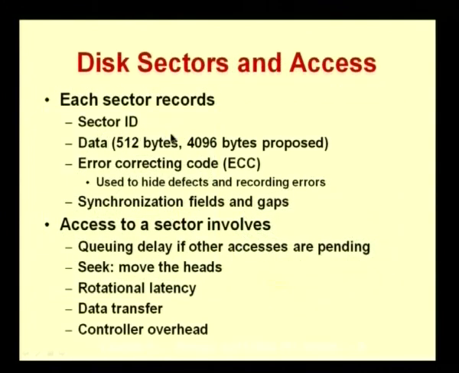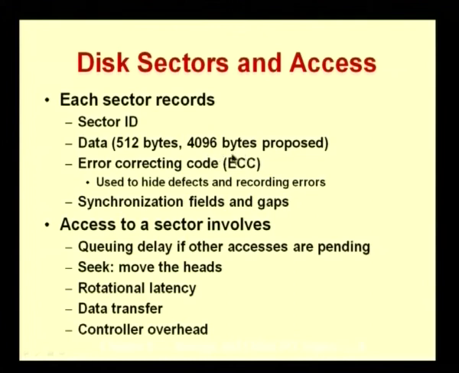So, if you look at what is actually stored, data is stored in terms of these sectors. Okay, you can look at a sector as a particular block of storage, and each sector will have the following information. It will have a sector ID to identify which sector we are referring to, and then the actual data, which is about 512 bytes or 4096 bytes.